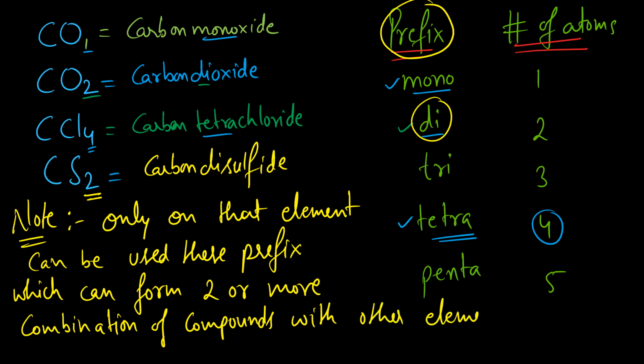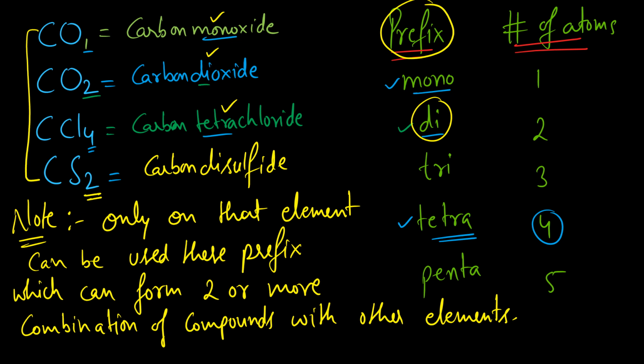It means if you look at the examples given above, all these are molecules of carbon. Here we used carbon monoxide because carbon comes along with 1 oxygen. In the second we wrote carbon dioxide because here there are 2 oxygen with carbon. In the third I wrote carbon tetrachloride because carbon comes with 4 chlorine.